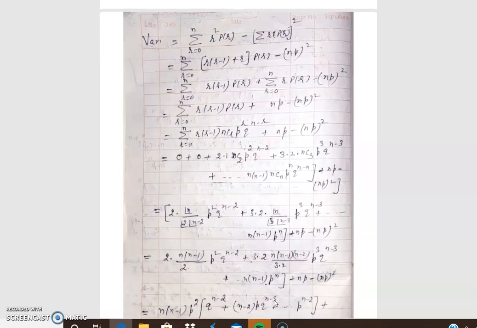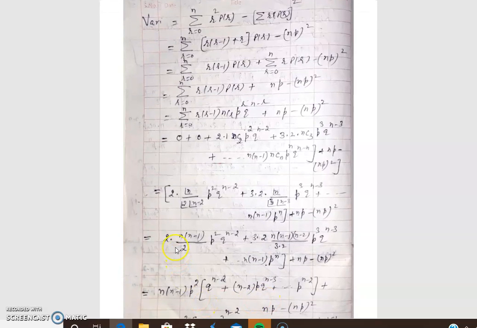In the next line, expanding: you can take n minus 1 common, and this will cancel factorial n minus 2. The value of factorial n is n factorial n minus 1, and the value of factorial n minus 1 is n minus 1 factorial n minus 2. Again, for factorial n minus 2 you can take n minus 2 common, and this becomes factorial n minus 3. So factorial n minus 3 cancels, and this value is n minus 1 n minus 2 upon this value.